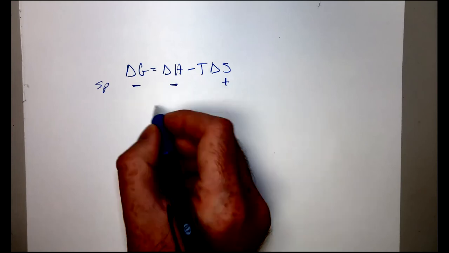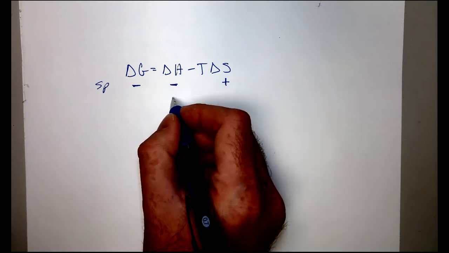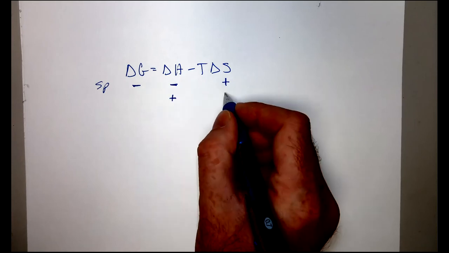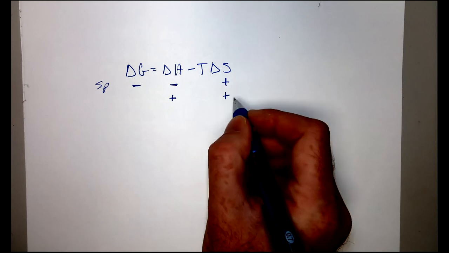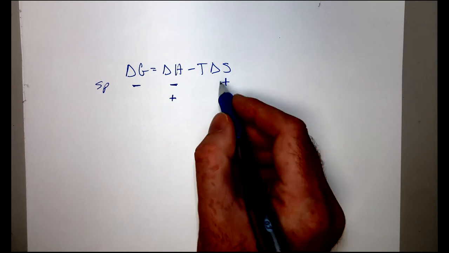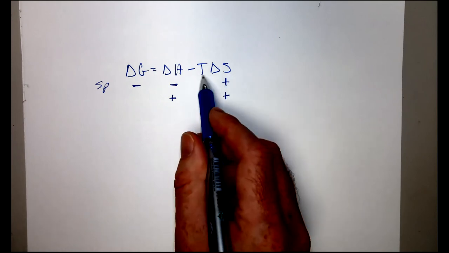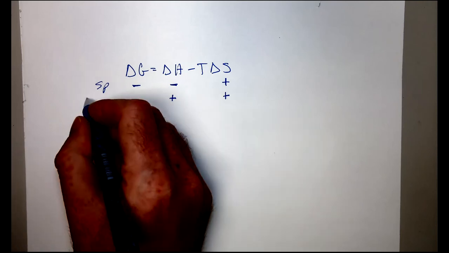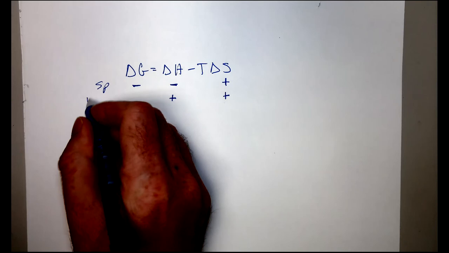Now, if delta H is positive and delta S is positive, I've got a mixed bag. It will only be negative if this T is big enough to allow the entropy to dominate. So this is spontaneous at high temperature.